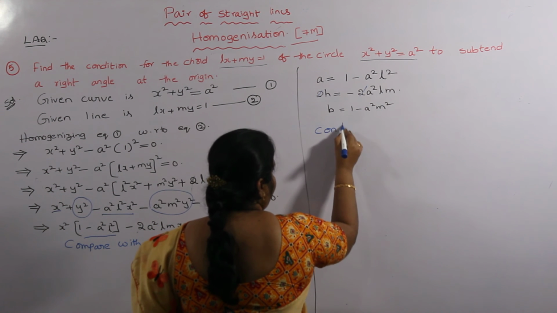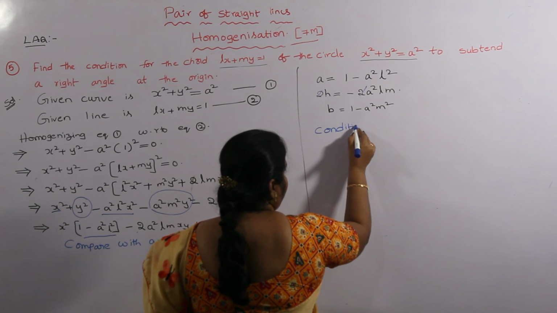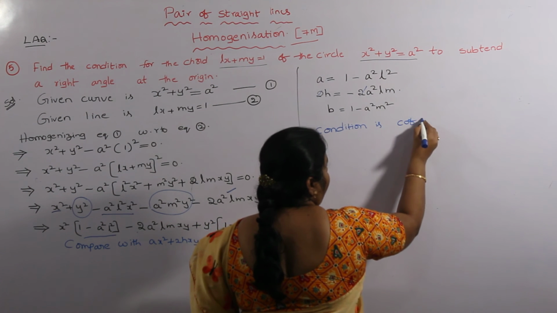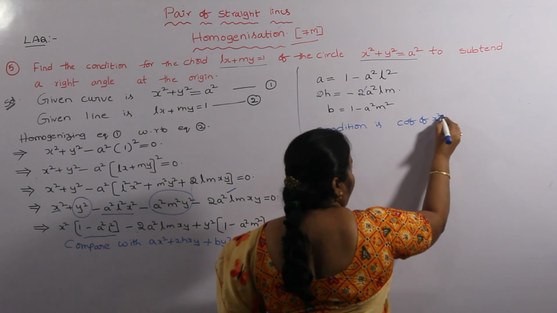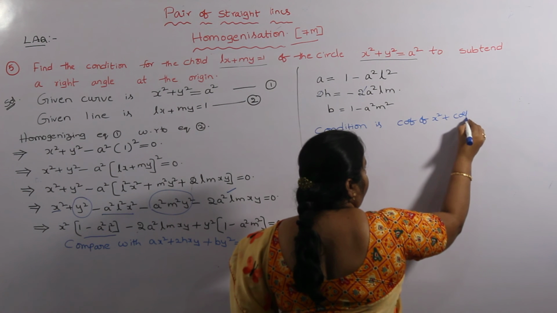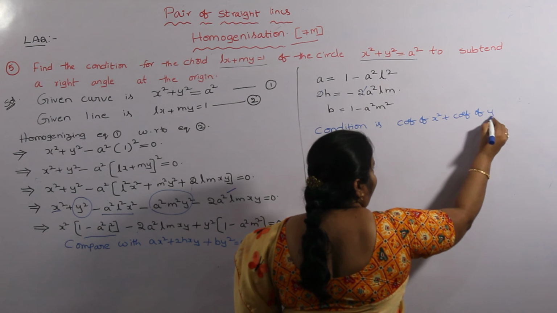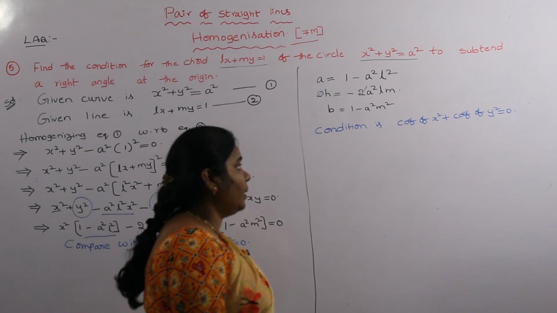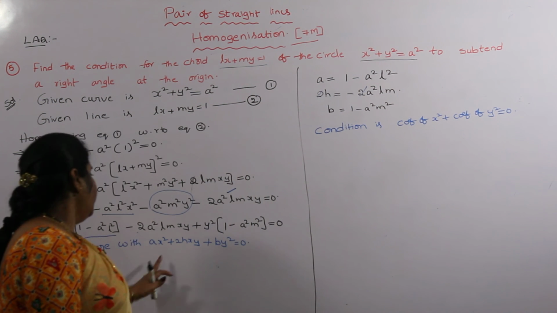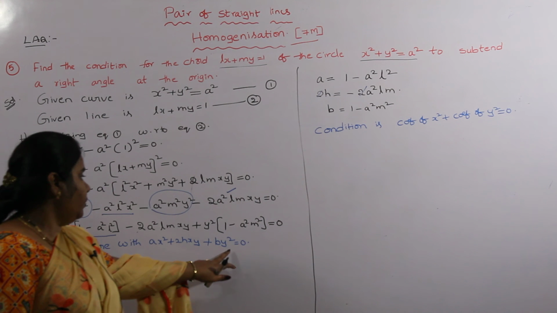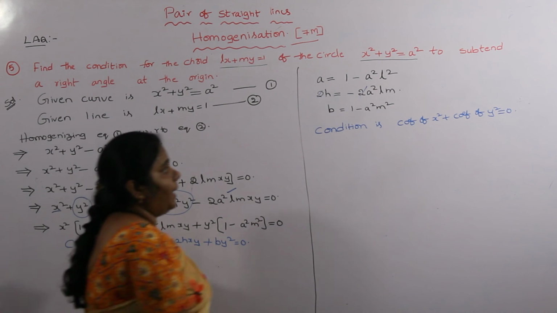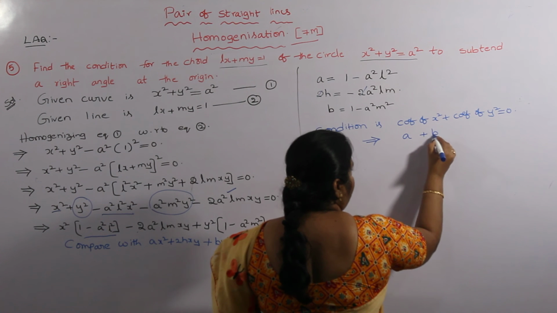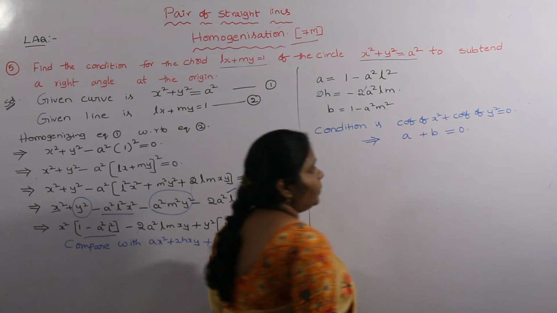Here the coefficient of x square is a and the coefficient of y square is b. That implies a plus b is equal to 0.